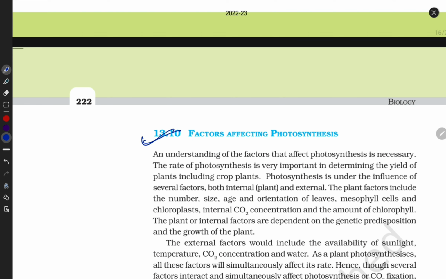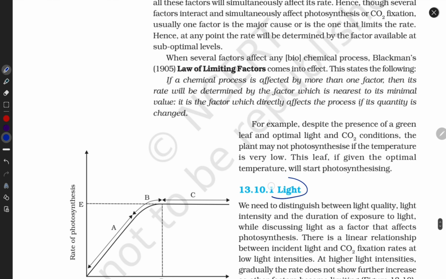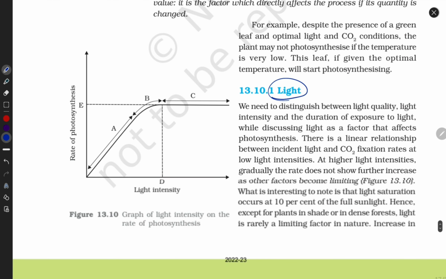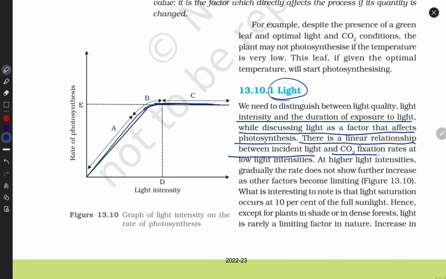And some factors also affect photosynthesis. First, light. If we give high intensity of light, high duration of light, high exposure of light, definitely they affect photosynthesis. In the medium range, light is good for the plant, but high light is not.